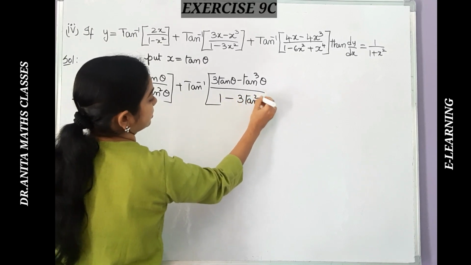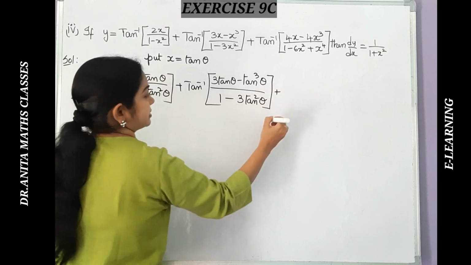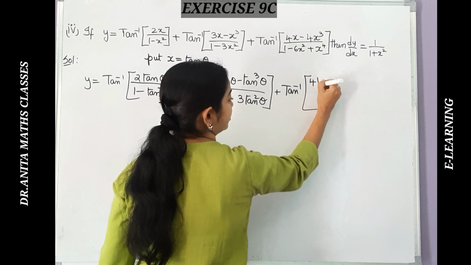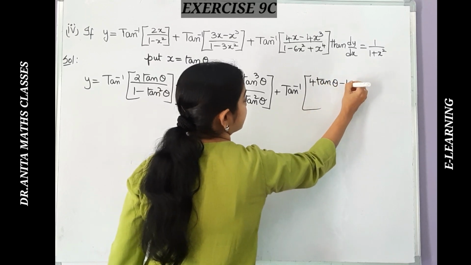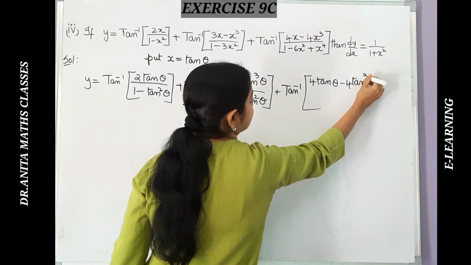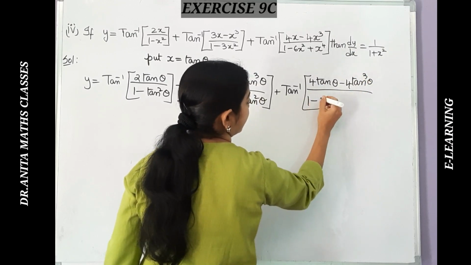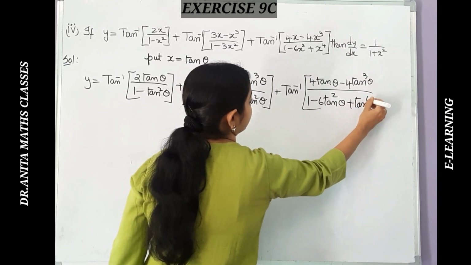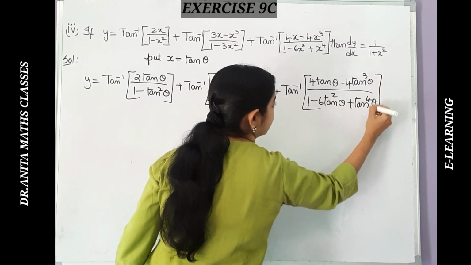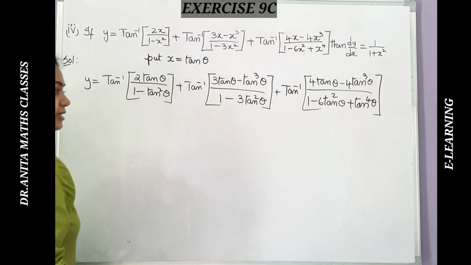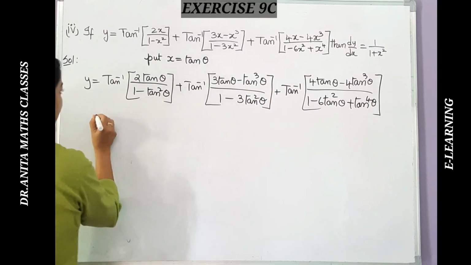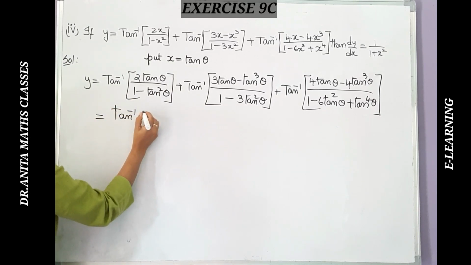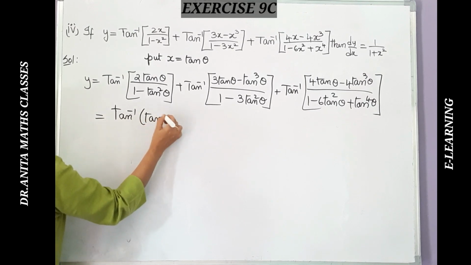Divided by 1 minus 3 tan square theta, plus tan inverse of 4 tan theta minus 4 tan cube theta divided by 1 minus 6 tan square theta plus tan 4 theta. So this formula is not there for your class, but that is the tan 4 theta formula. Okay. So this can be reduced to tan inverse of tan 2 theta formula.